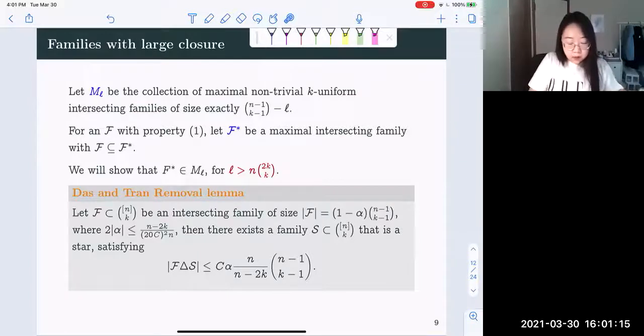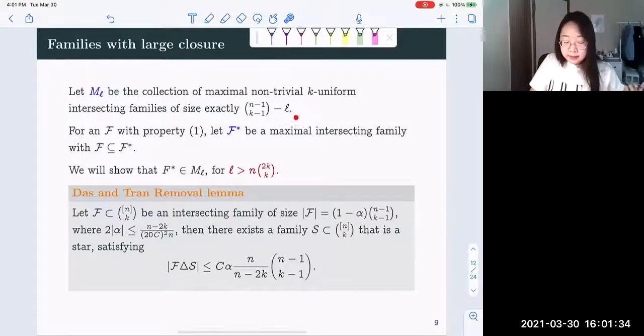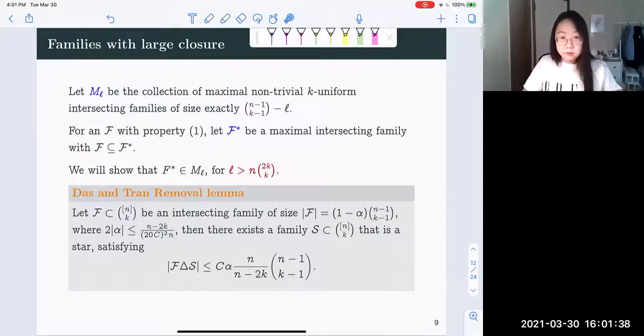The proof for this case is actually nice and short, so I plan to go through it in detail. Let's start with M_L, which is a collection of maximal non-trivial intersecting families of size exactly this many. Maximal is standard: whenever you add a new set, it will violate the intersecting property. Here, L measures the distance from the extremal number.